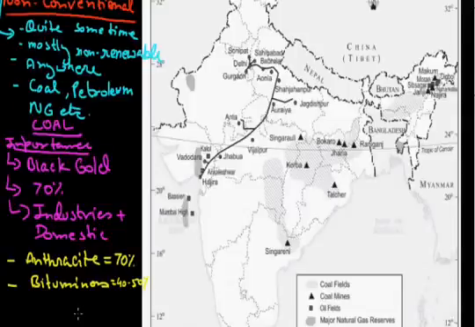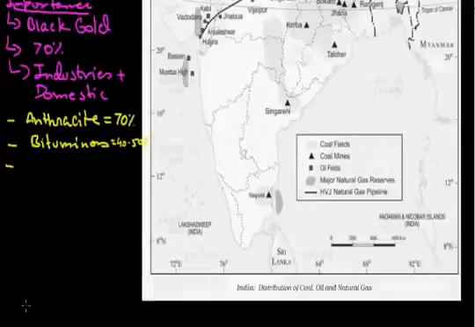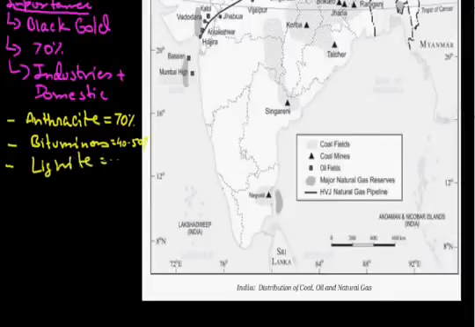The color of the flame is not exactly blue but in between blue and yellow. We use this type of coal for industrial and domestic purposes. India is very rich in bituminous coal. The next type of coal is lignite.